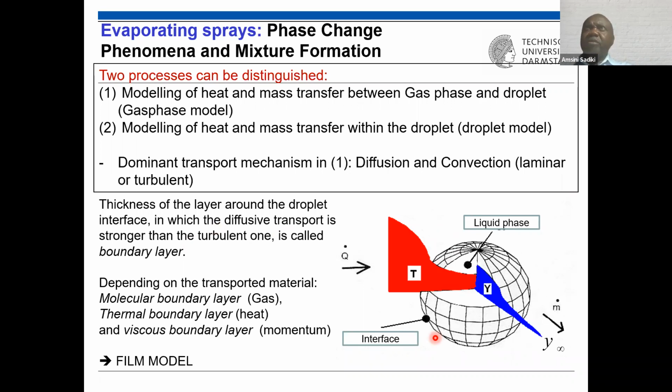We did it by introducing the virtual mass and the Basset force. Depending on the transported material, we can have the molecular boundary layer, the thermal boundary layer for heat, and the viscous boundary layer if we account for the momentum. Because we have to deal with layers, that is why we call this model the film model.